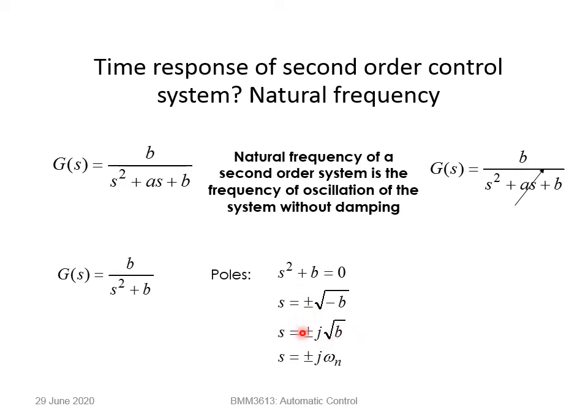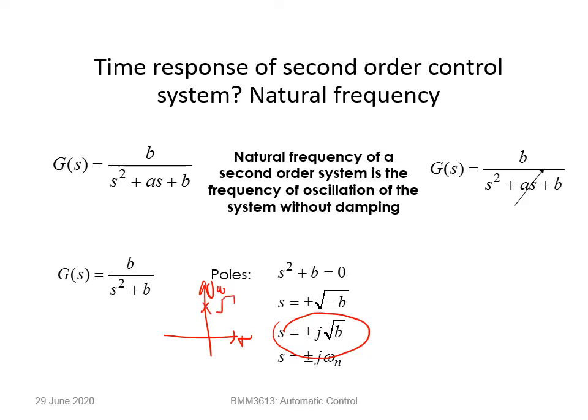If we plot it on the S plane, let's plot these new poles. So sigma and j omega, s equals plus minus j square root of b.